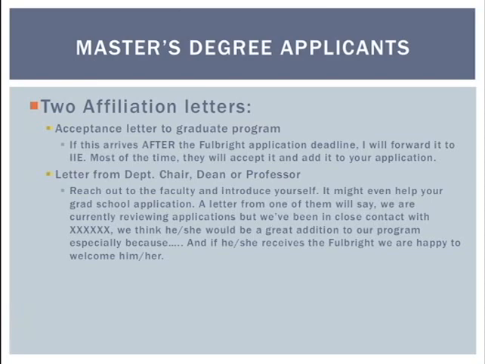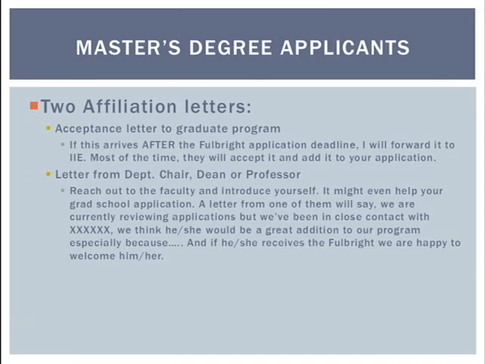For those of you applying for the master's degree or the study awards, you could potentially have two affiliation letters. Your most common affiliation letter is going to be your acceptance letter to the school or graduate program. It just says, we welcome them to this program.